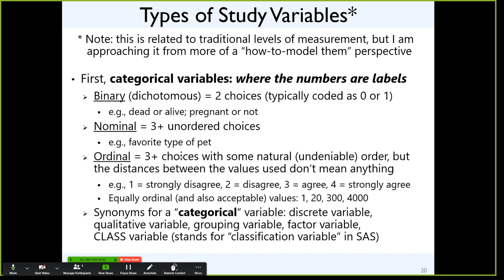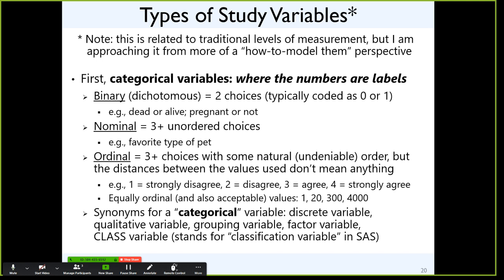Ordinal is a very common type, especially in surveys, where the numbers kind of look like numbers, but not really. So you may have strongly disagree, or agree, or strongly agree. And you may have to circle a 1 if you strongly disagree, or a 2, or a 3, or a 4. People are tempted to treat them like numbers, but they're not.